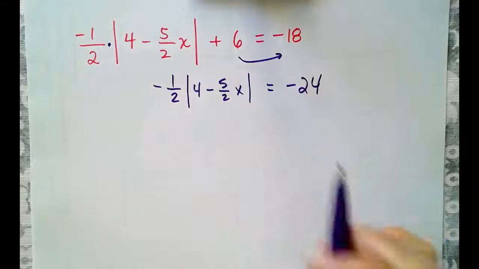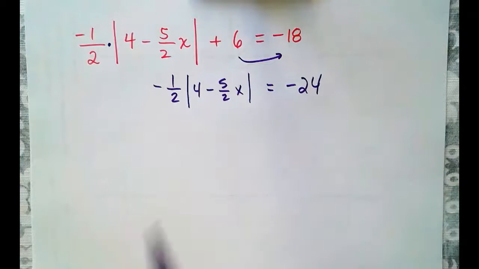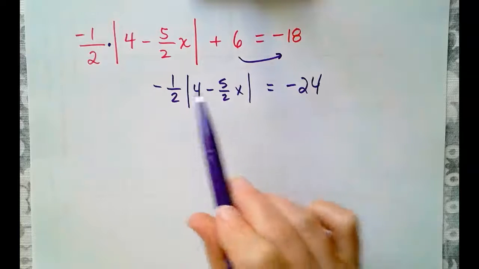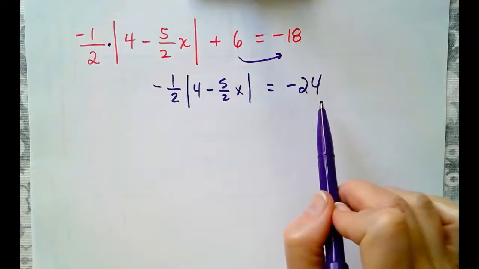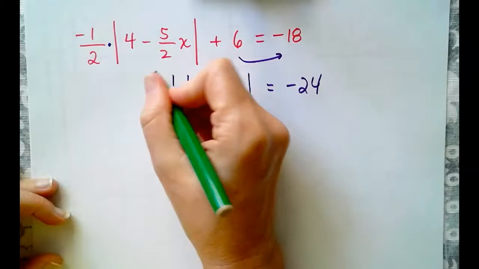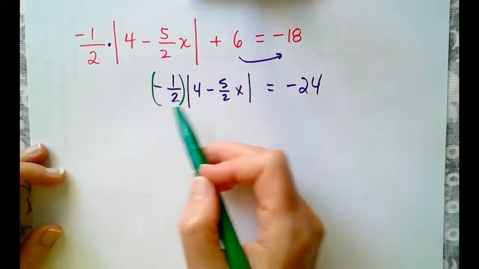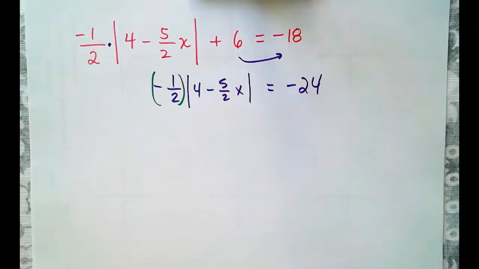Now, as it stands, we have an absolute value set equal to a negative number. According to the definition of absolute value, if an absolute value is set equal to a negative, then there's no answer. However, we still need to get rid of the negative 1/2. Remember, the negative 1/2 is multiplied to the absolute value.